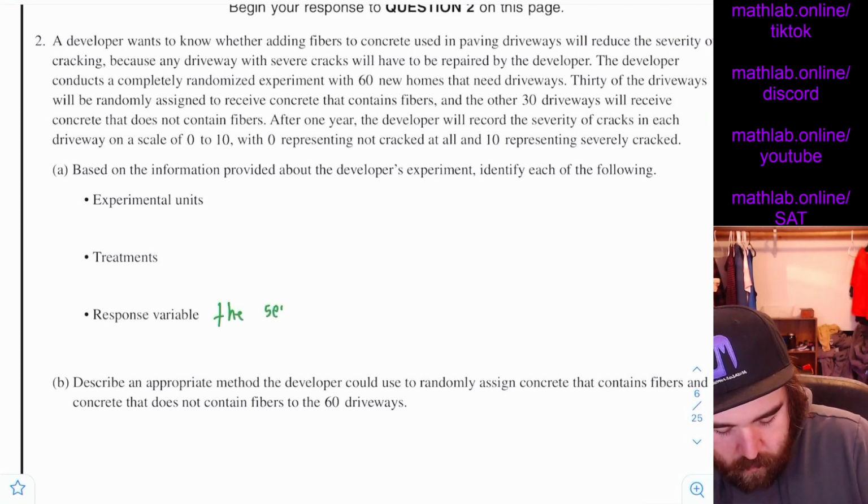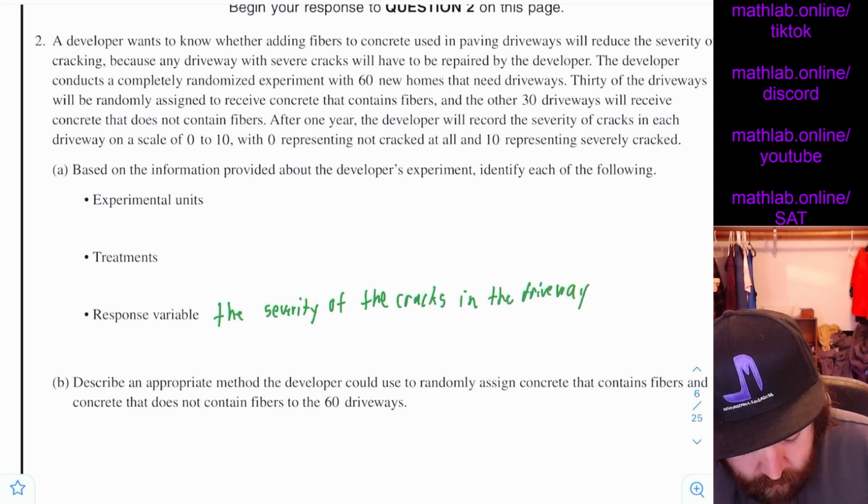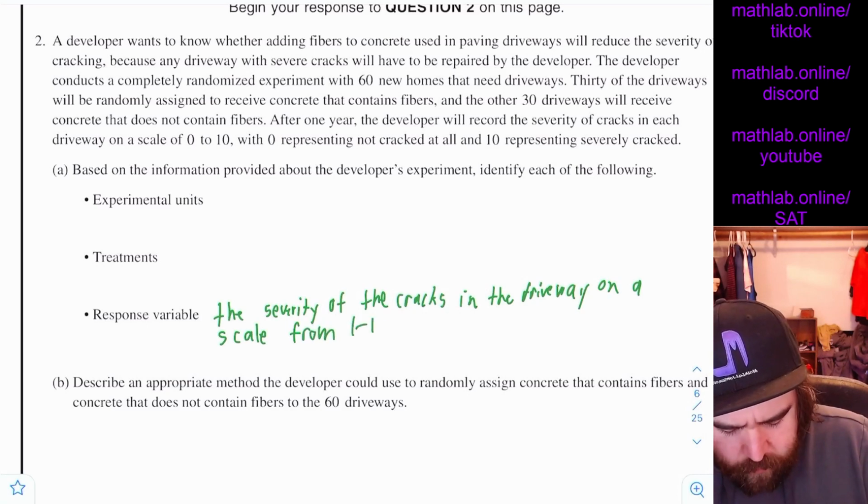The severity of the cracks in the driveway on a scale from 1 to 10. I'm not sure if we have to include that, but it definitely won't hurt.